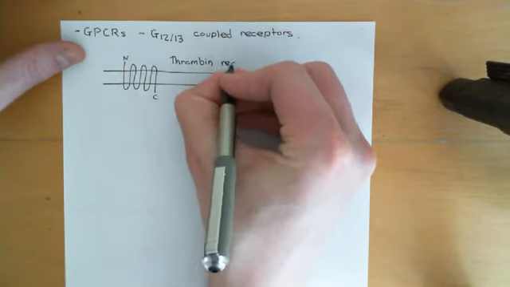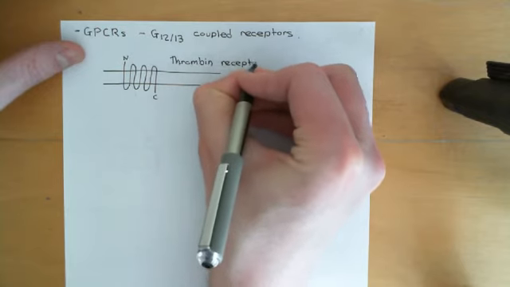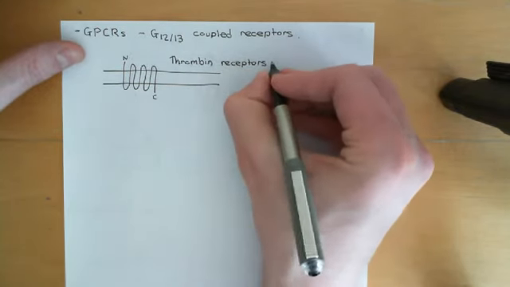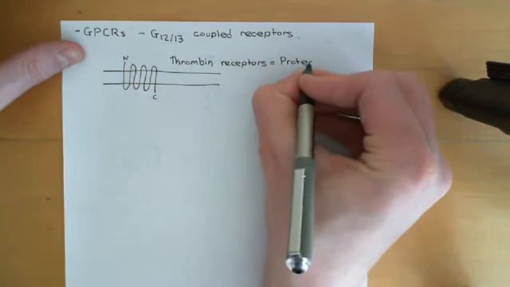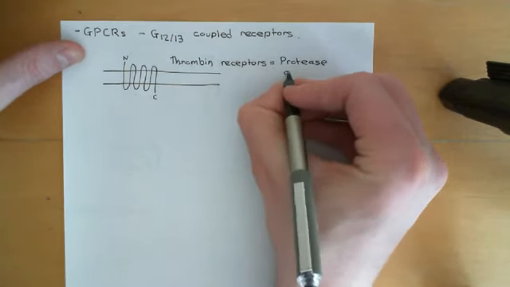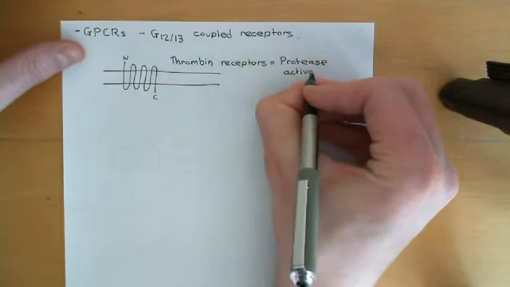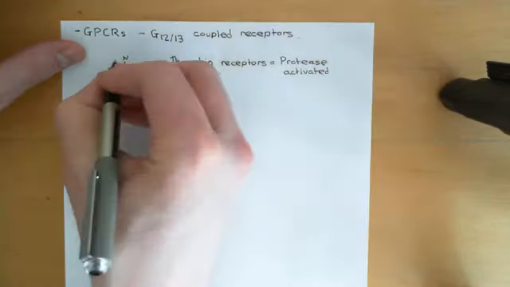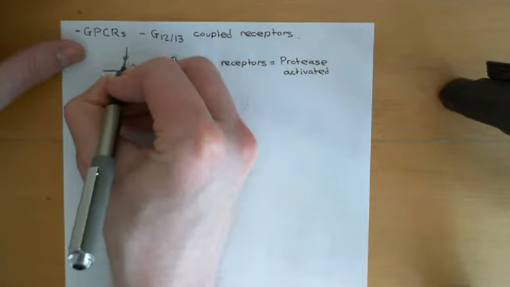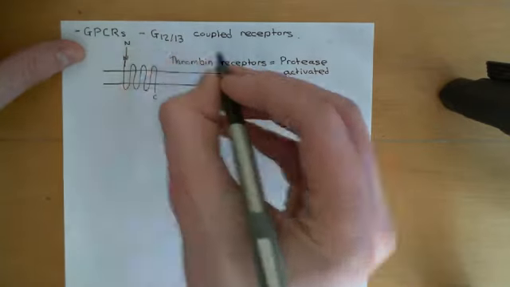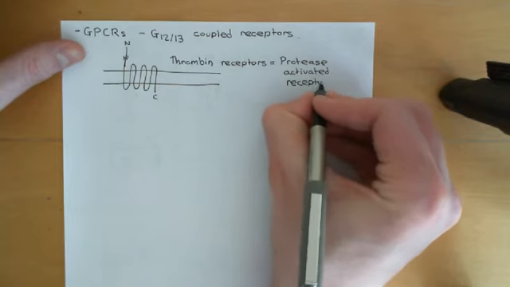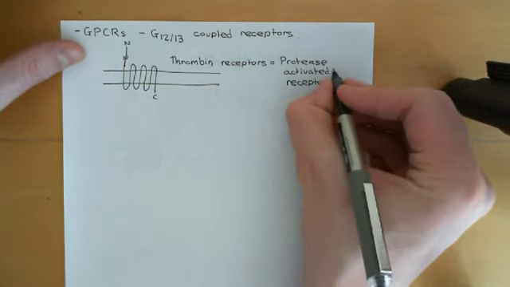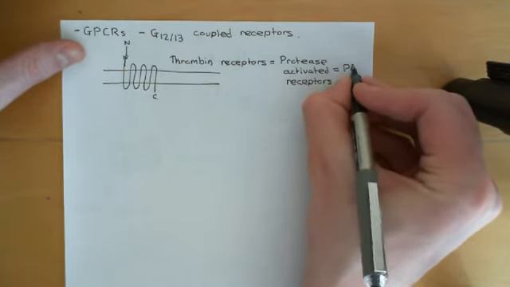Okay, so the thrombin receptors are what we're going to discuss. So the thrombin receptors have another name. They're also called the protease activated receptors, and they have a very curious mechanism of activation, which I'm not going to be able to show with this picture. I'm going to have to extend that N-terminal domain up a little bit. Just realized that. Okay, so the protease activated receptors, which are also usually abbreviated down to the PARs.